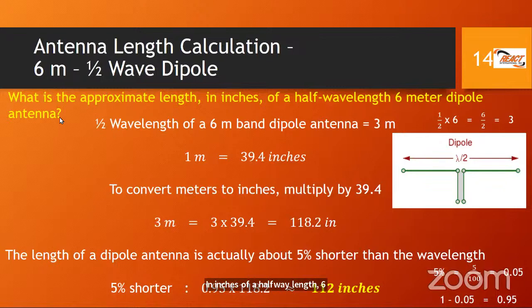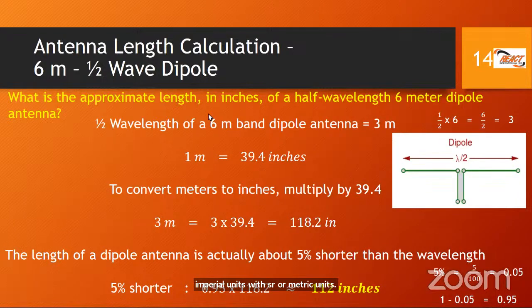So let's dissect this question a little bit. When you look at this question, you're probably saying, wait a minute. They want to know the length in inches, but they're telling us it's a half wave 6-meter dipole. So, you know, they're mixing imperial units with SI or metric units, yes? So that's what you get, right?